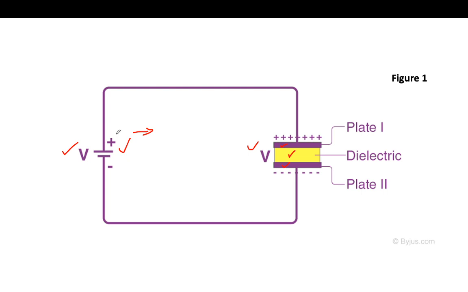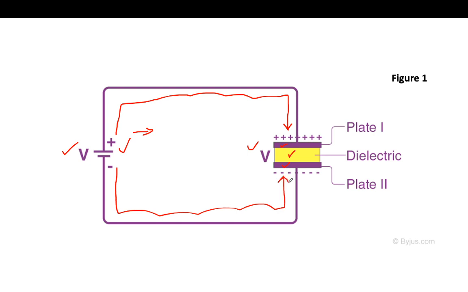So this is the positive of our voltage source. It is connected with the positive plate of the capacitor, and the negative side is connected with the negative plate of the capacitor. When the potential of a battery is applied across the capacitor, plate 1 becomes positive with respect to plate 2.